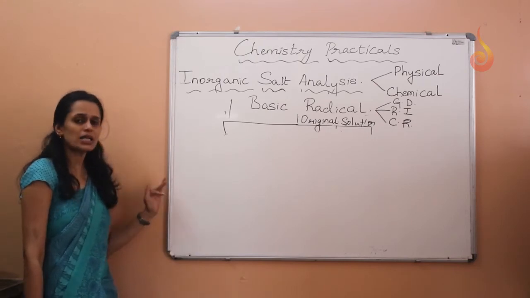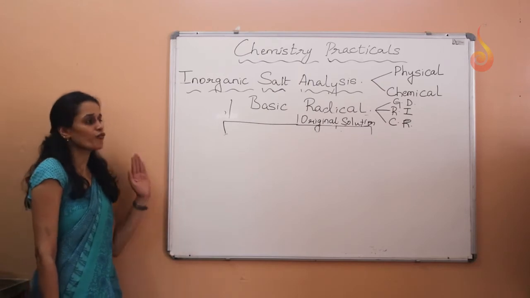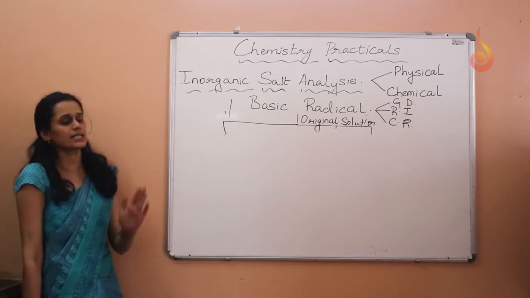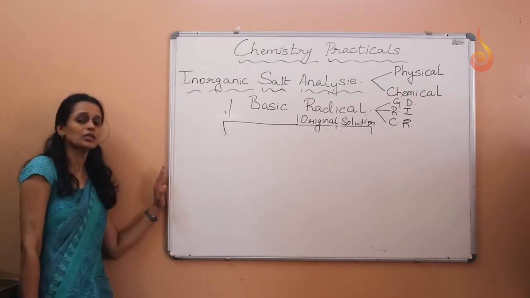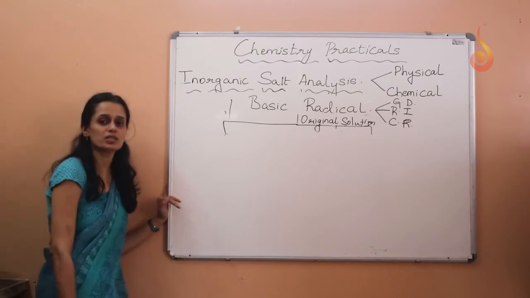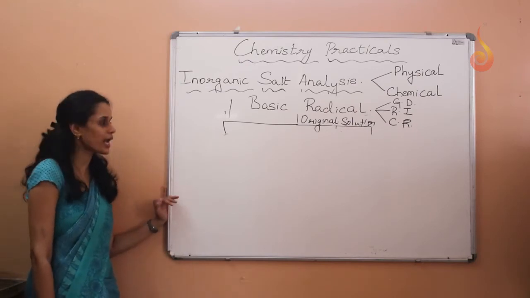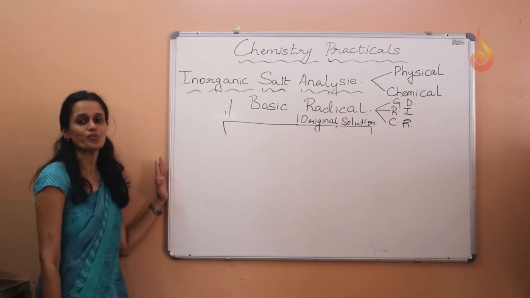Once we prepare the salt solution, we check whether first and second group basic radicals are present or not. But as we know, for our syllabus there are no first and second group basic radicals. So that's why we directly go on to third group.